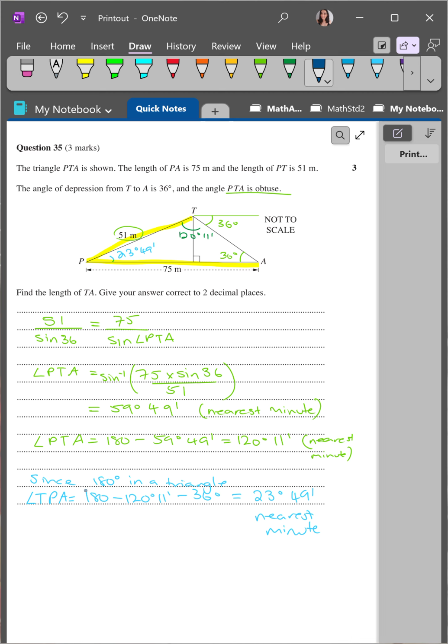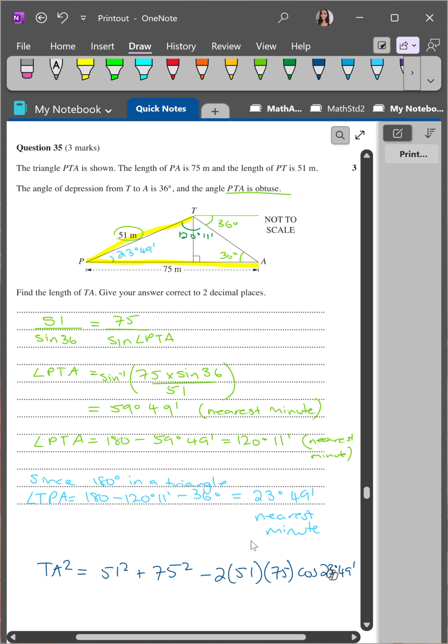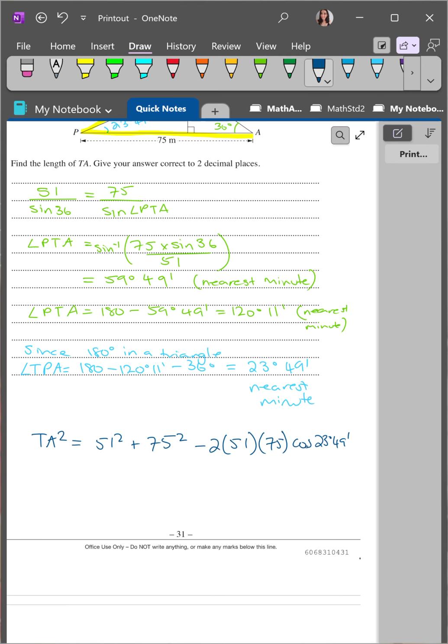So therefore, c squared, which in this case is TA, so TA squared equals a squared, let's do that as 51, plus b squared, which is 75, minus 2 times 51 times 75 times cos 23 degrees 49 minutes. And so then we find out what all this is equal to. We also square root it so that we can get TA, and that should equal 35.04 meters to 2 decimal places because it asks for correct to 2 decimal places.